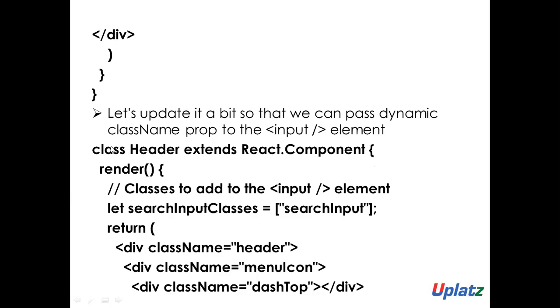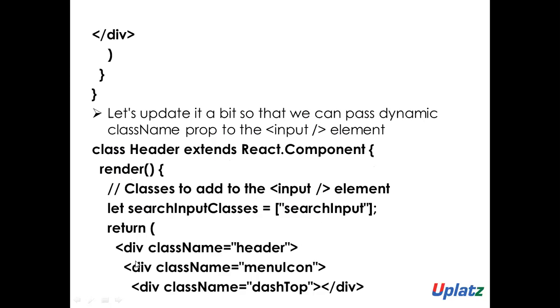So now I have class Header extends the React Component. In that render method, these are the things which you added from the previous. So let's see search input classes. I'm passing a dynamic className, a search input.